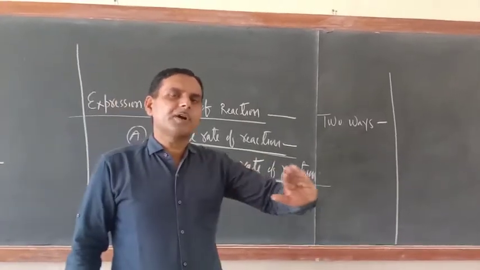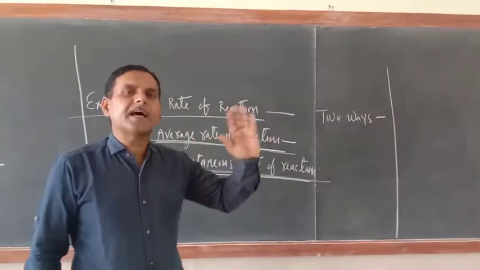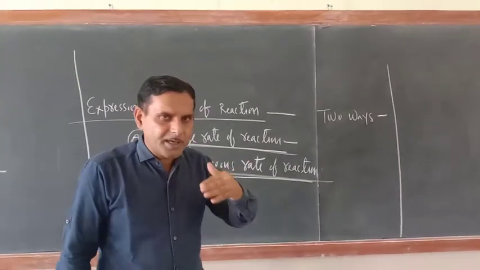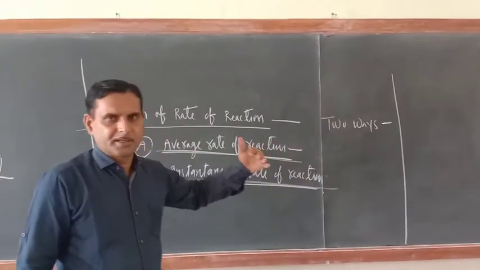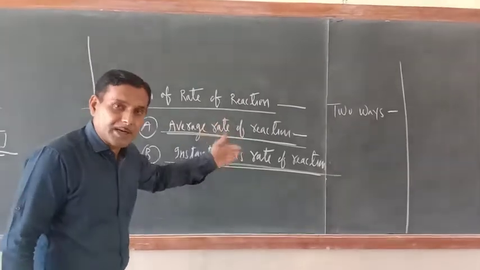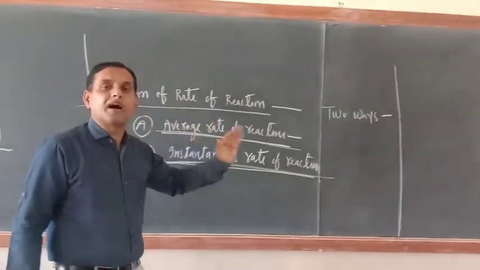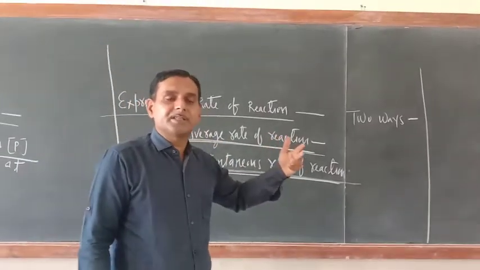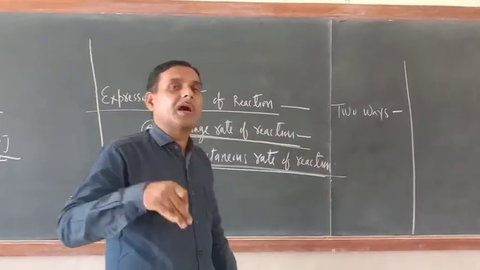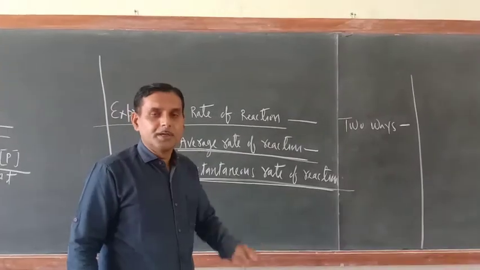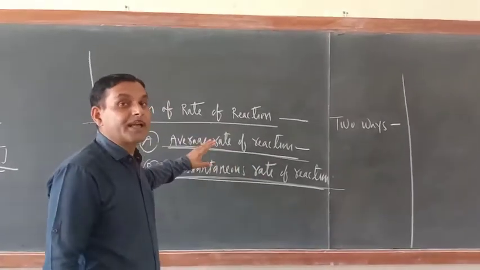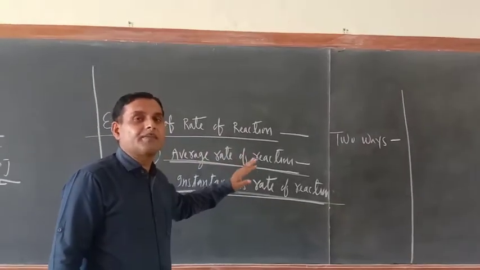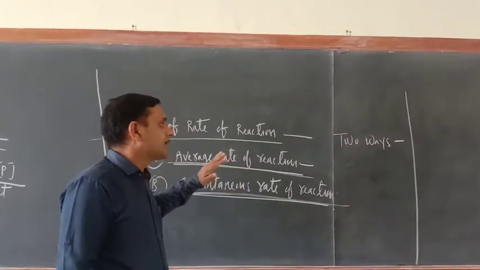So ultimately you are taking the average over all the distances covered with the passage of time. Similarly, if the amount of reactant is more, then its decomposition will not be uniform throughout. So we are taking the average rate of reaction with the passage of time.